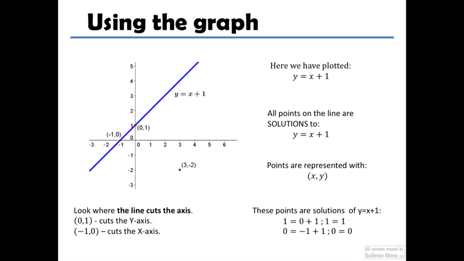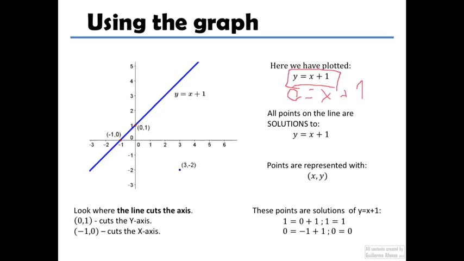So, how do we use the graph? Well, the graph tells us important things. It tells us the slope, which is going to be an important feature that we're going to keep investigating as the year goes by. But it also tells us the actual solutions to the equation, because if you have this case here, and imagine that y equals 0, well, 0 equals x plus 1.